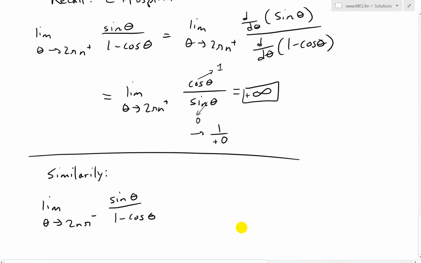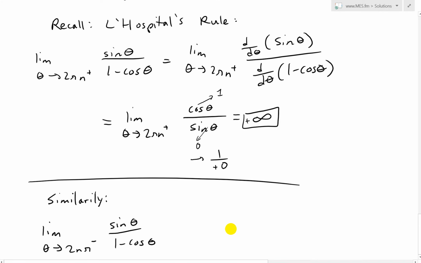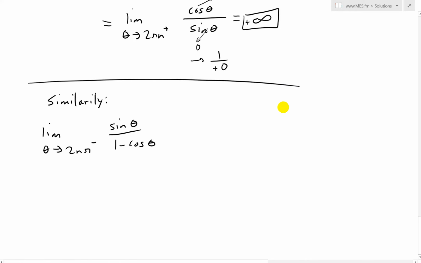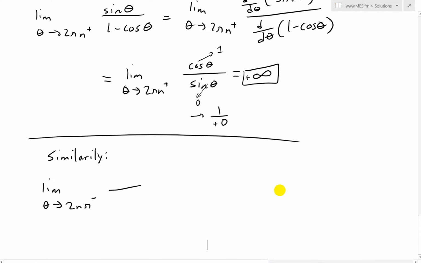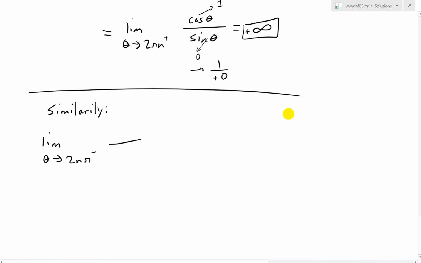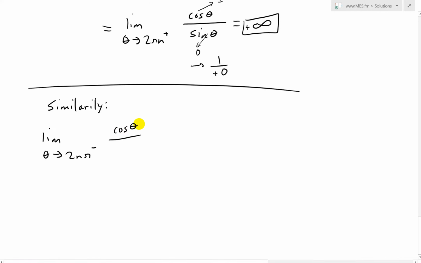Again, we're going to have the exact same thing where we have the 0 over 0, do the L'Hopital's rule, and then this ends up being, well, we could just erase this and do the derivative, just start off from here, which is actually over here, cosine theta over sine theta, so we get cosine theta over sine theta.